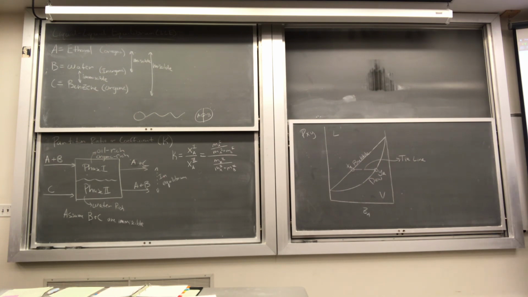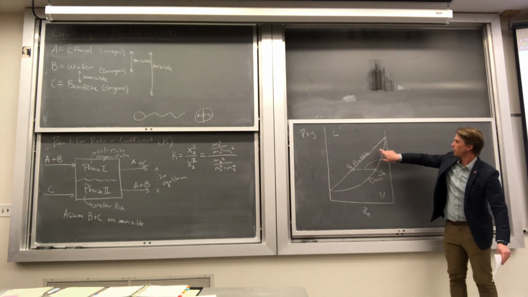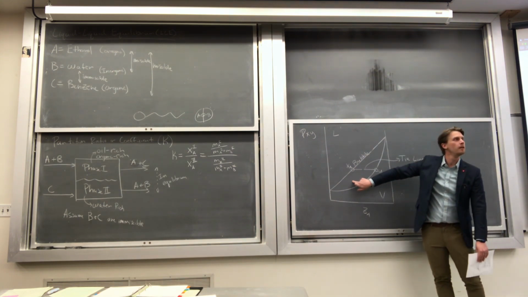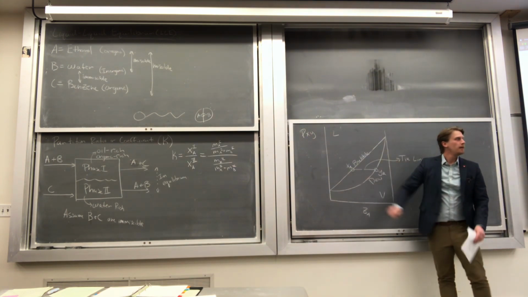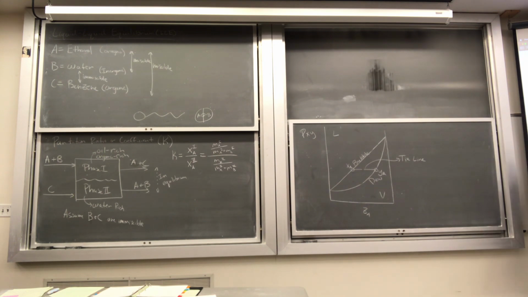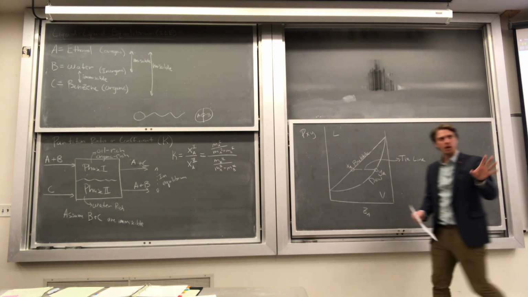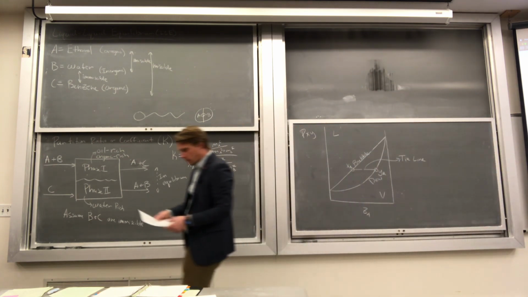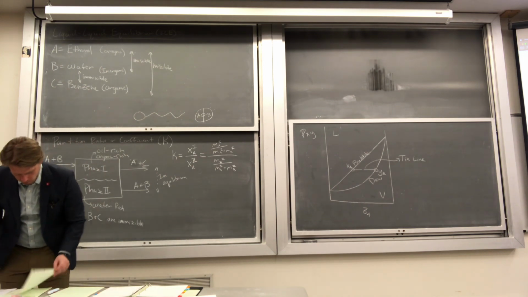Points 2 and 3 would be, for example, a point here and a point here. So first, let's determine where point 3 is located as a total composition. Now, point 3 is inside of the two-phase envelope, so it'll phase separate following the tie lines to phase 1 and phase 2. Okay, so take a second and try and work it out on your own. And I'll try and work it out on my own too.